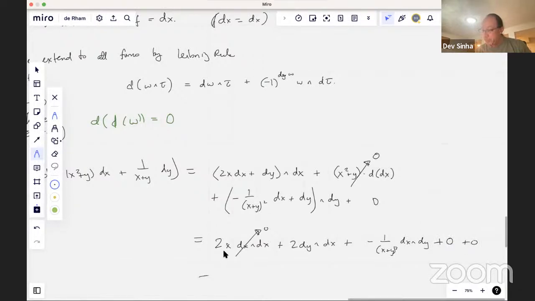And so in the end, now I want to collect terms, I've got a dy wedge dx and a dx wedge dy. So I'm going to change the order of multiplication again. Again, that's a minus sign because I've got two 1 forms. And finally, I get minus 2 minus 1 over (x plus y) squared dx wedge dy. Okay. Phew.